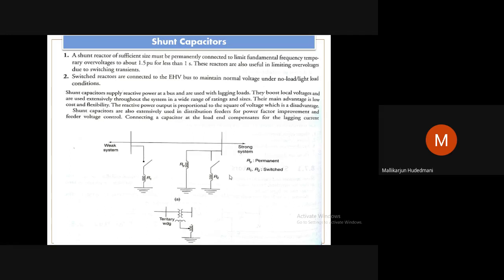And this diagram highlights how there is a permanently connected inductor and a switched inductor. So whenever there is a need, it will be hooked on. You can see the weak system also. Like this, some of the things are permanently hooked. Some of the reactors are shown open, to be used on need.